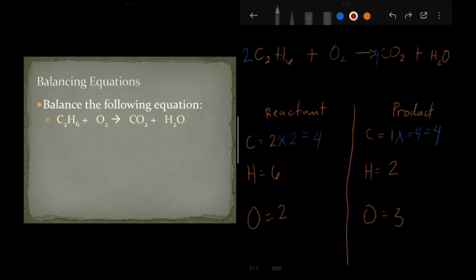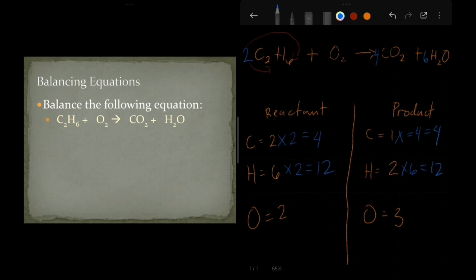So again, we got 2 times 2, that is 4. And then 2 times 6, that will be 12. Since our carbon and hydrogen changed, in order for us to get 12 atoms of hydrogen, we put 6 here. So 6 times 2, that will be 12.